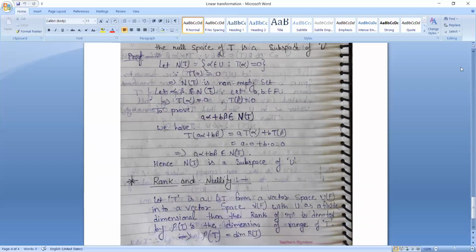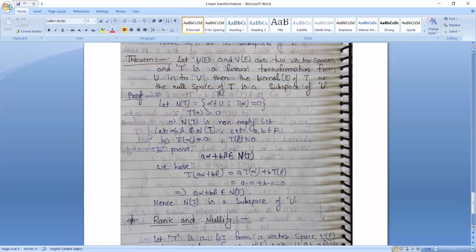Now next theorem. Let U(F) and V(F) be two vector spaces and T a linear transformation from U into V. Then the kernel of T, or the null space of T, is a subspace of U. Let N(T) = {α belongs to U such that T(α) = 0}. Since T(0) = 0, that implies N(T) is a non-empty set.